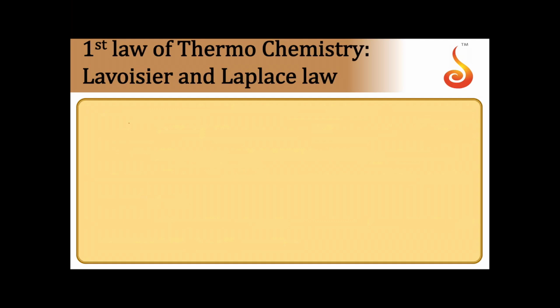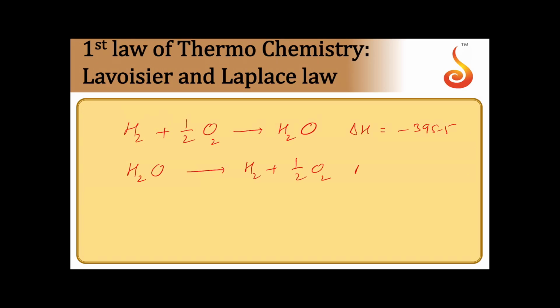Say, for example, if you take H2 plus half O2 giving rise to H2O, that is the heat of formation we have taken, say delta H is equal to minus 395.5. Now when you reverse the reaction, H2O giving rise to H2 plus half O2, then the delta H value will be plus 395.5 kilojoules.